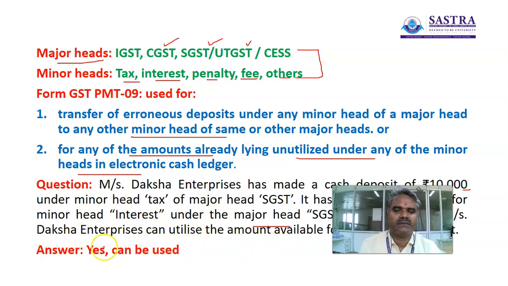Yes, it can be used, because the unspent amount in the minor heads can be used. No problem. You can transfer the deposit of any minor head of a major head to other minor heads of the same or other major heads. It can utilize the deposit for the interest payment.